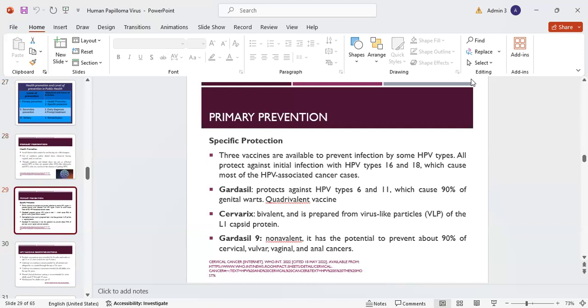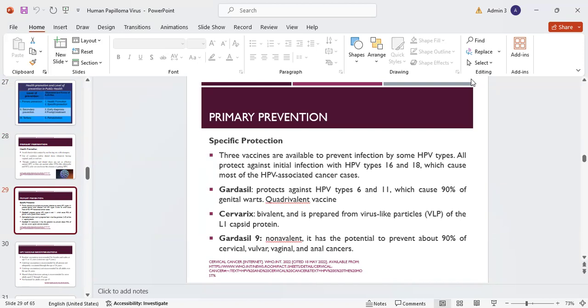Specific protection. Three vaccines are available to prevent infection by some HPV types. All protect against initial infection with HPV types 16 and 18, which cause most of the HPV associated cancer cases. Gardasil protects against HPV types 6 and 11, which cause 90% of genital warts.